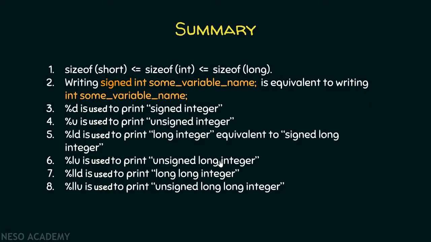Let's try to summarize whatever we have learned up till now. Size of short is less than or equal to size of integer, which is less than or equal to size of long.